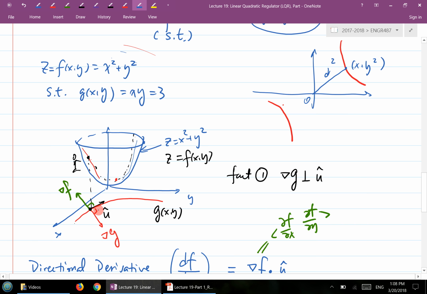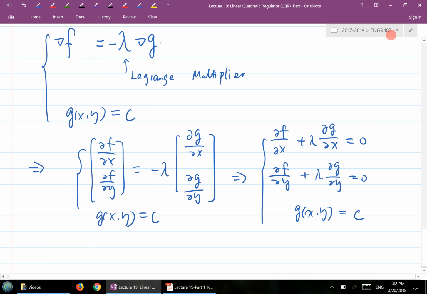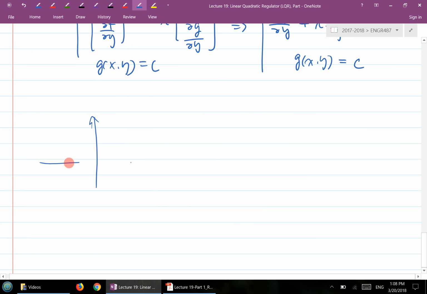It's a very simple idea. If I give you a curve, let's say a circle, x squared plus y squared, this is our g of xy. If you take the gradient of this function, it's del g, perpendicular to the tangent vector.